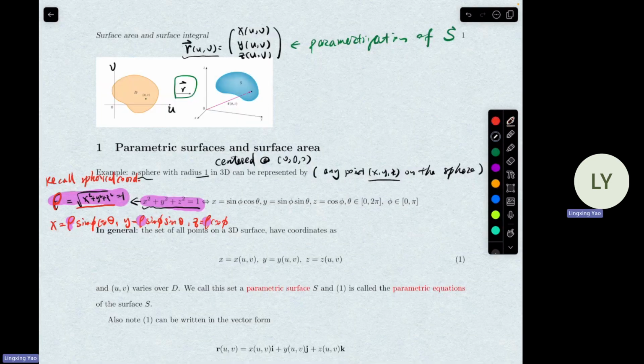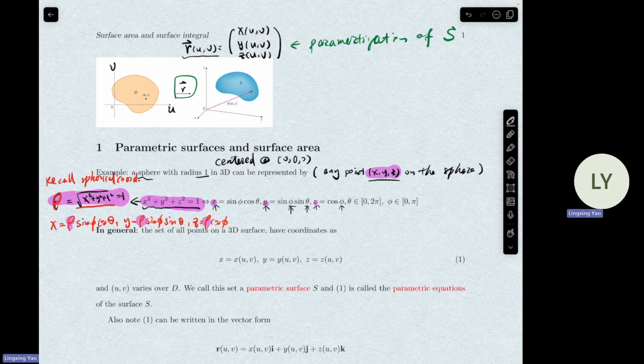So now we see that to represent any point x, y, z on this sphere, we can use spherical coordinates, and the representation we get will depend on the azimuthal angle phi and the polar angle theta.